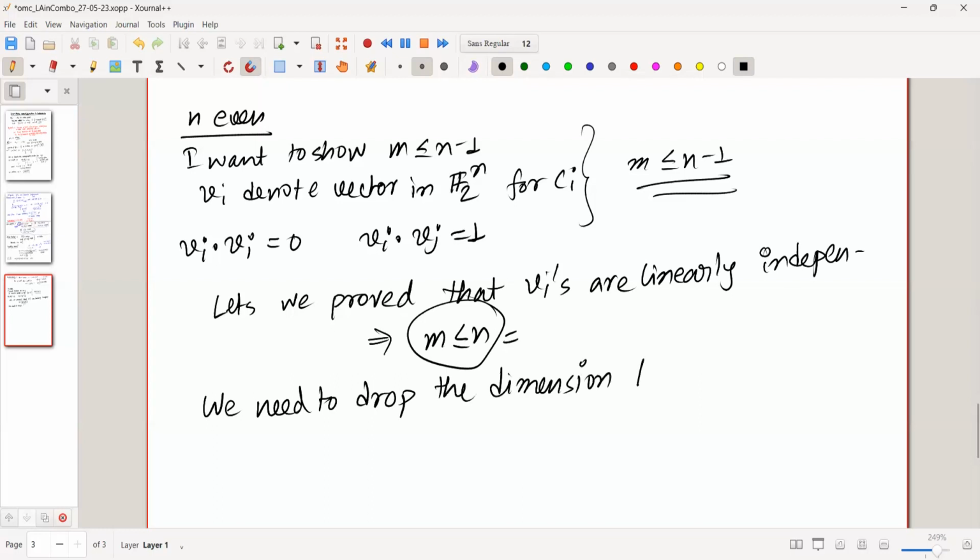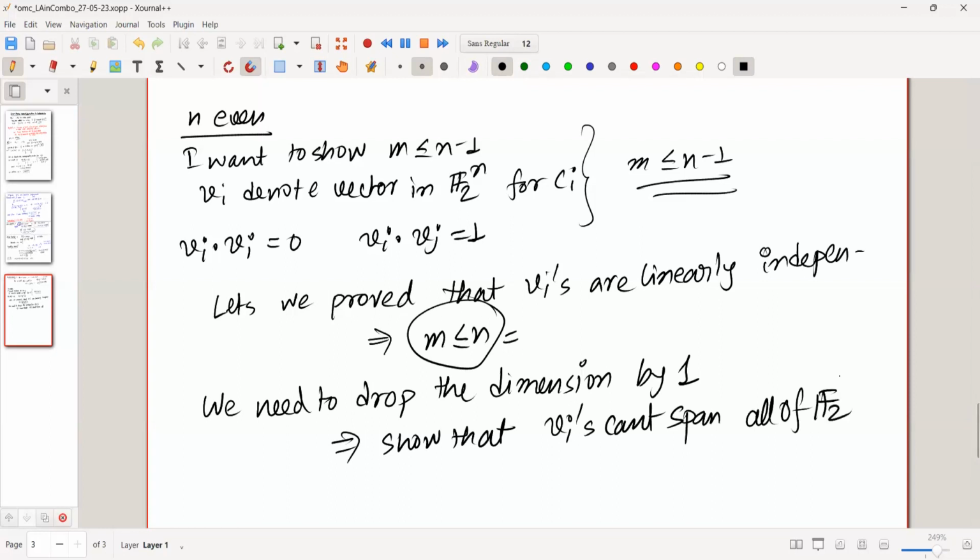In other words, we need to show that the Vi's can't span all of F2^n. So let us first try to prove this, and then we will try to prove they are linearly independent.